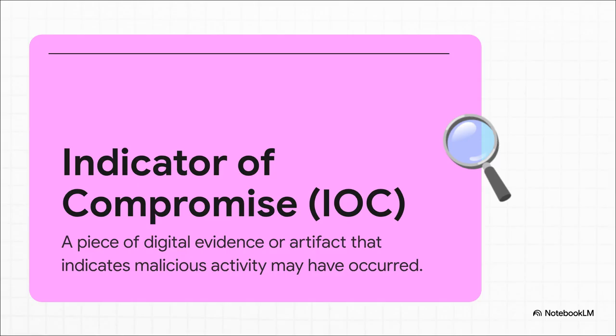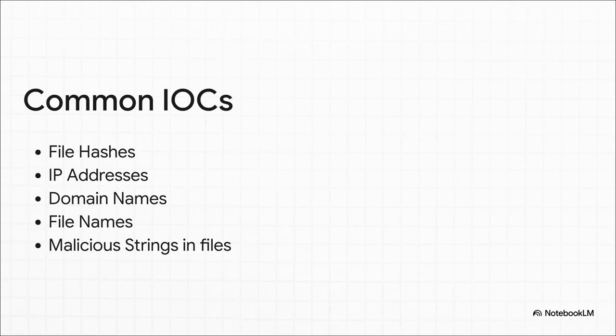It's not a smoking gun, but it's a huge red flag that says, hey, you need to look at this right now. And these IOCs can be all sorts of things, right? A weird IP address, a sketchy domain name, a file name that's known to be malware, even specific bits of text inside a file. But one of the most reliable and powerful IOCs is something called a file hash.